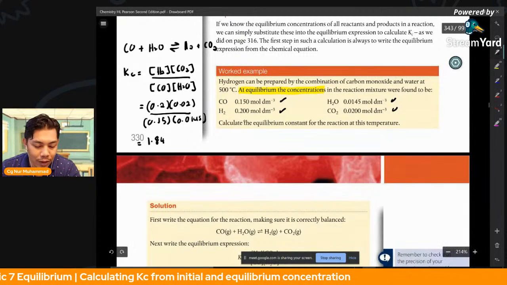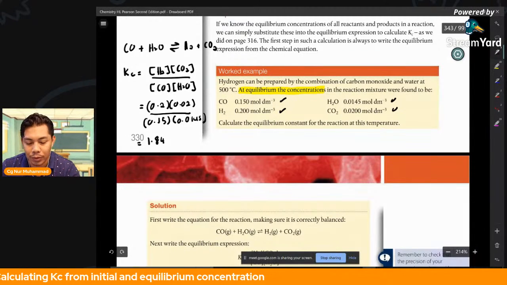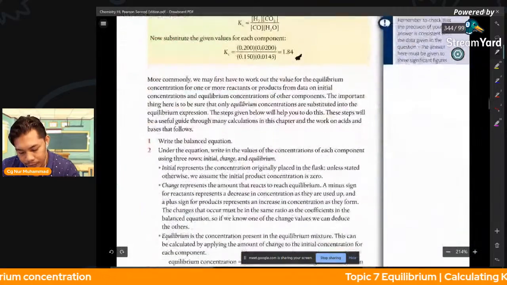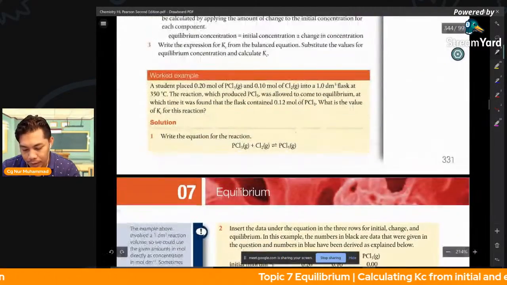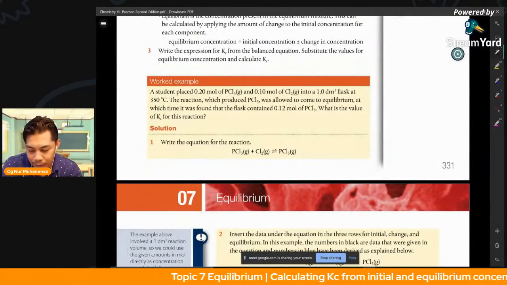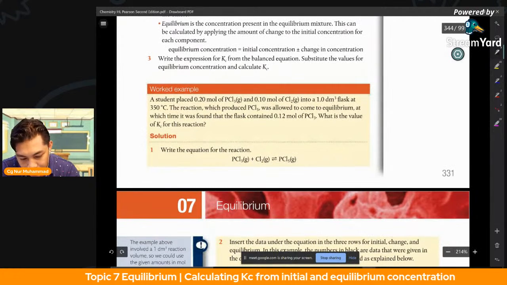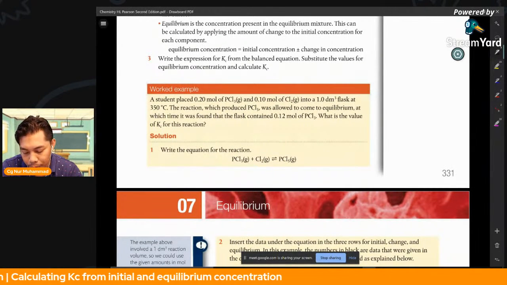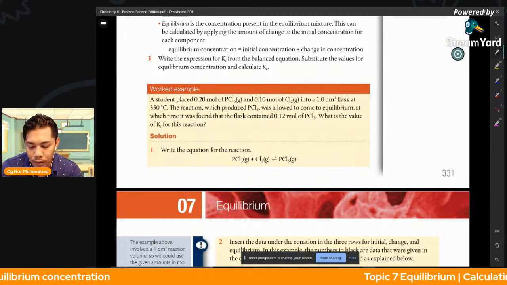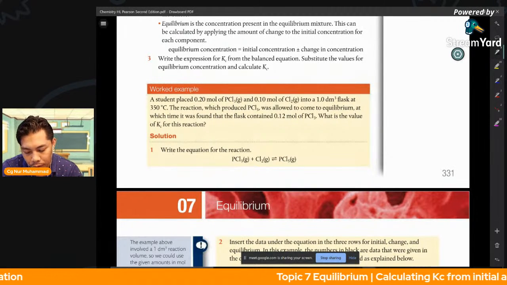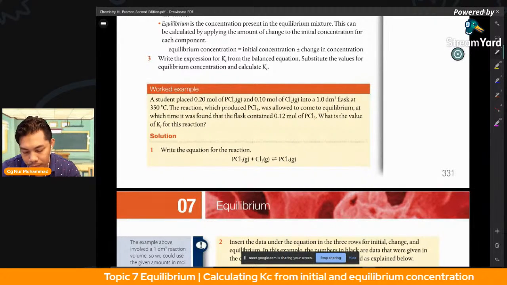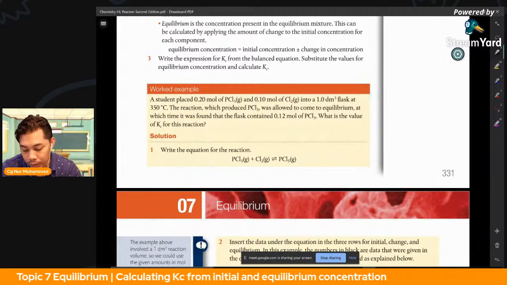Now let's look at how about if the question gives initial concentration. Okay, this is the second example. Ini dia. Okay, a student places 0.2 mole of PCl3 and 0.10 mole of chlorine gas into a 1.0 decimeter cube flask at 350 degrees Celsius.